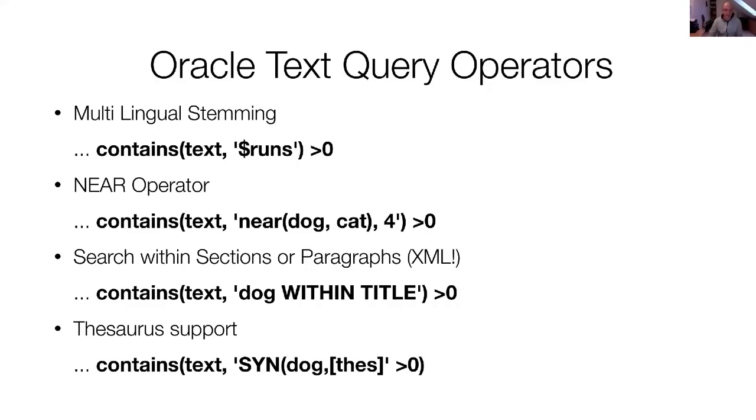And the third part is again the important one. We want to have a search within a special section. And the last one, for completeness: Oracle Text also allows you to use a thesaurus. So you have to supply the thesaurus to the database first. Oracle Text comes with the technology, it doesn't come with the thesaurus as such. To use that, you have to provide the thesaurus first. But Oracle Text can leverage that as well.